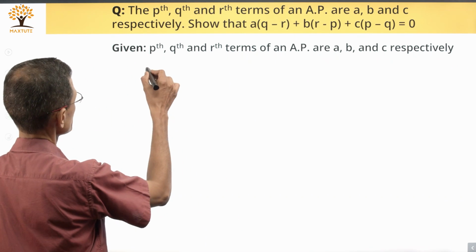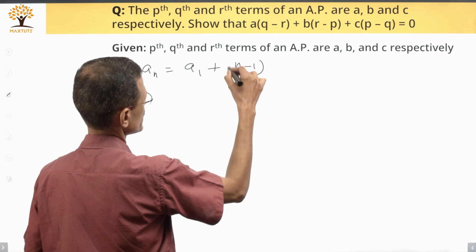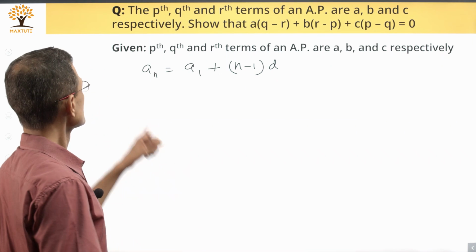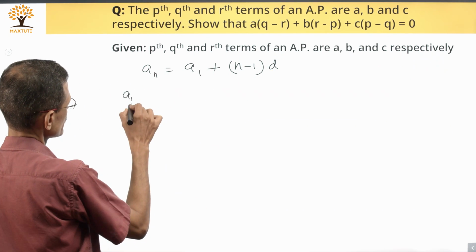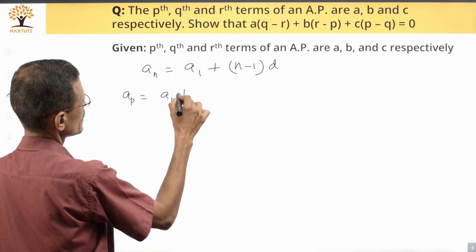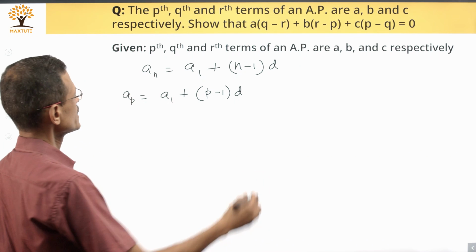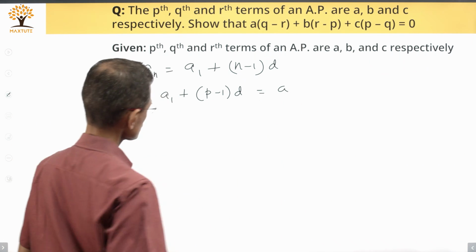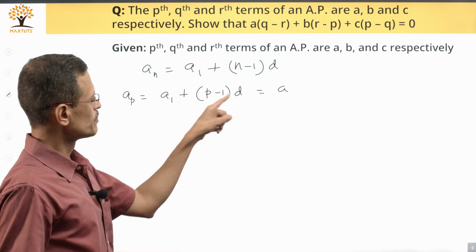The nth term of an arithmetic progression, an, is equal to a1 plus (n minus 1) times the common difference d. The pth term is equal to a, is what they are saying. So, ap equals a1 plus (p minus 1) times the common difference d, which is equal to a. We will rewrite this as a1 plus pd minus d.